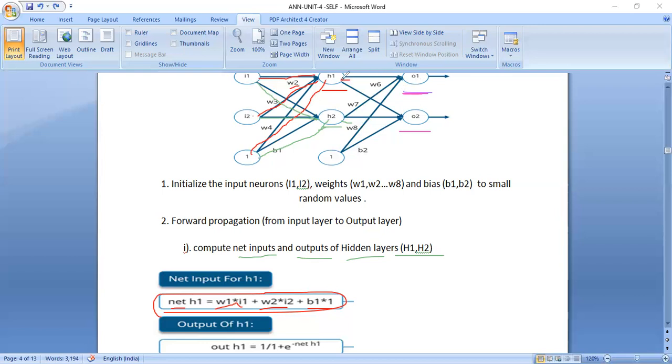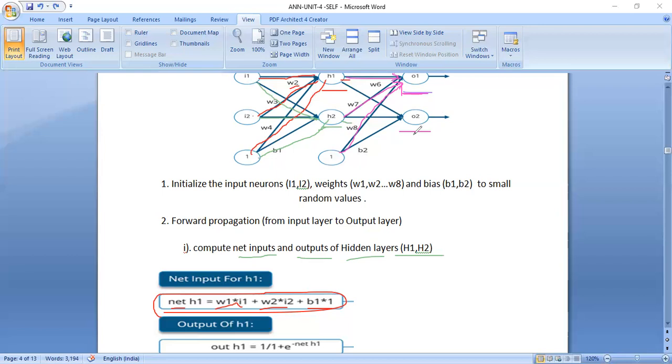Okay, it is output of H1 into W5 plus output of H2 into W6 plus 1 into B2. This is the net input of O1.